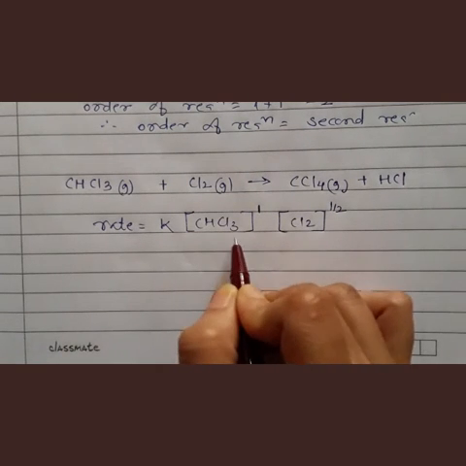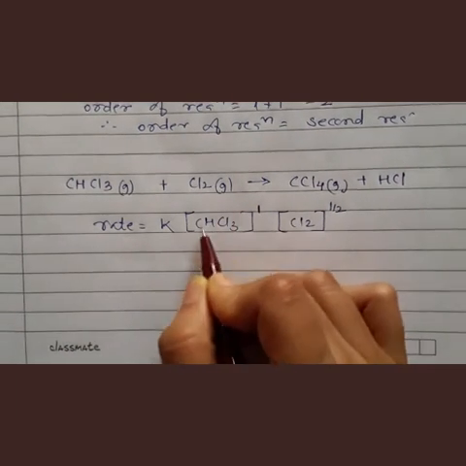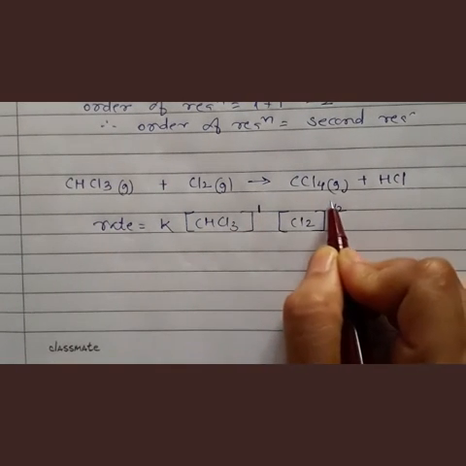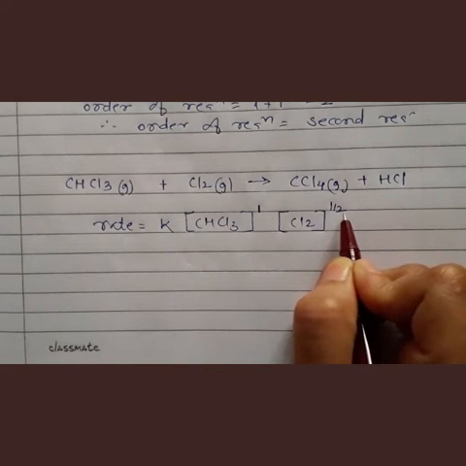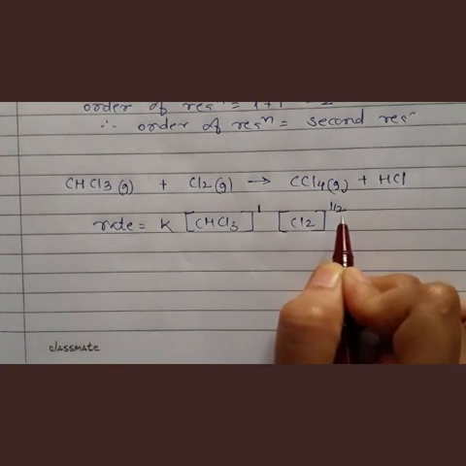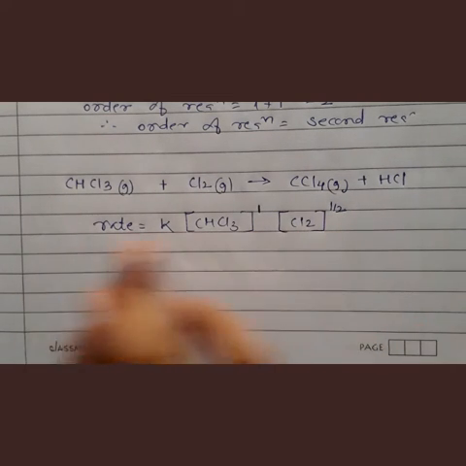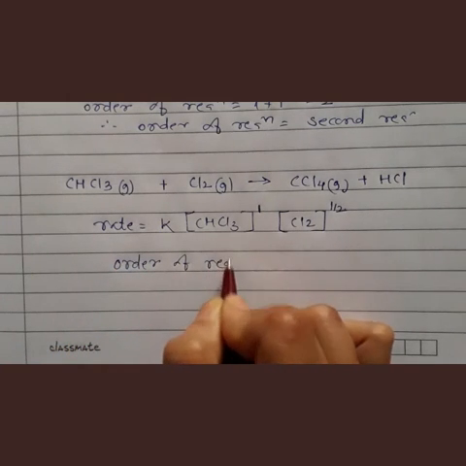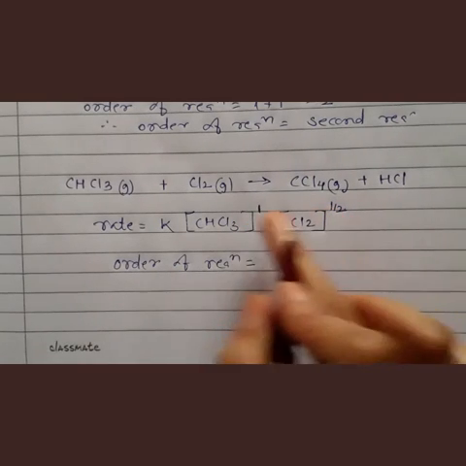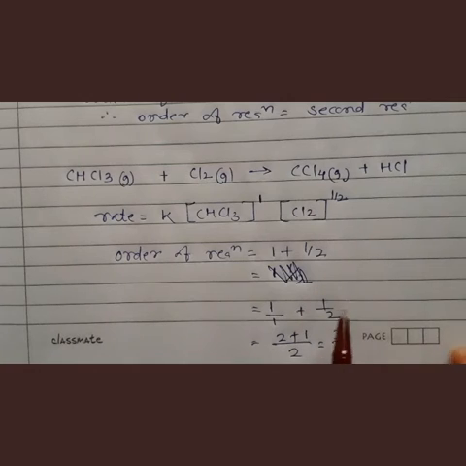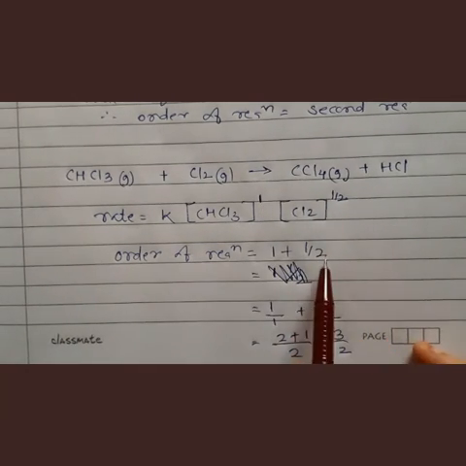Exponent of CHCl3 is 1, that's why with respect to CHCl3 the order is 1. And the exponent of Cl2 is 1 by 2. That means the order of this reaction with respect to chlorine gas is half. This is the rate law. Now we have to write the order of reaction. Order of reaction means what? Sum of exponents, 1 plus half. So let us find the overall order of reaction. Order of reaction is equal to 1 plus 1 upon 2.